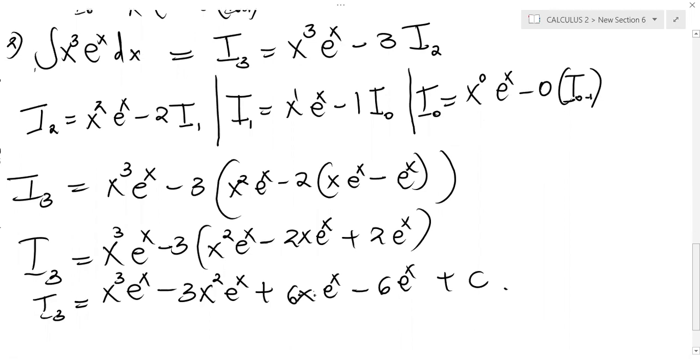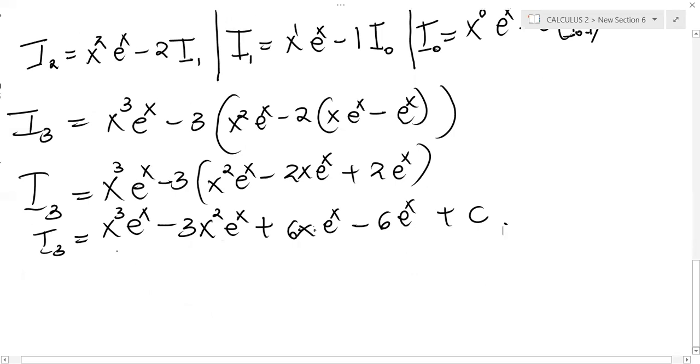Let's take up another example. Let's say we are looking for I4. So how do we go about getting I4? So you're told to get the integral of x raised to power 4 dx.